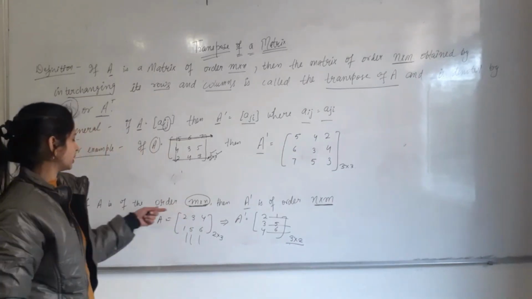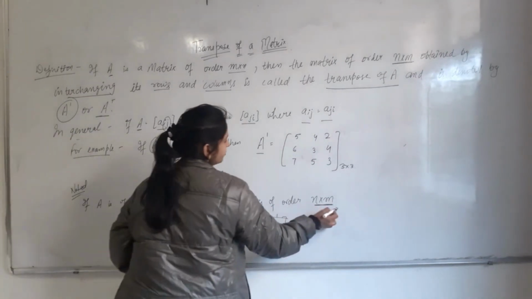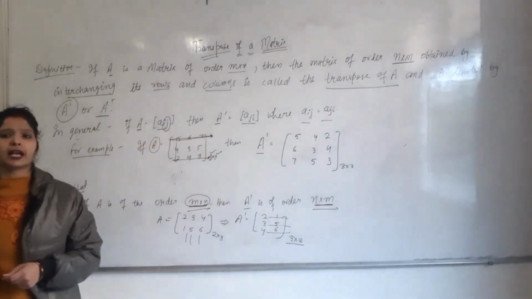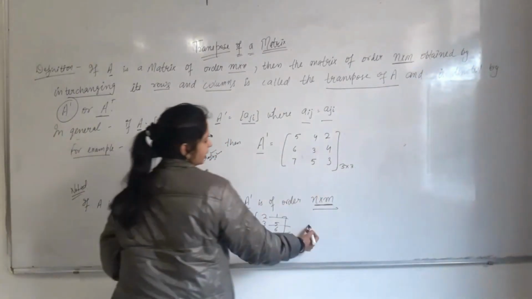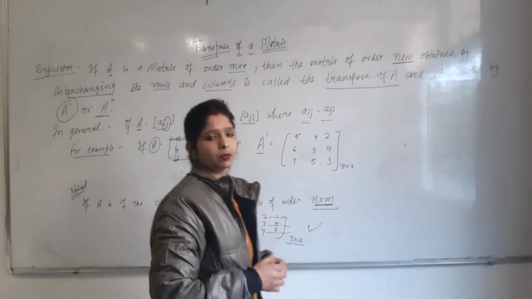So we have noted that if A is of order m by n, then A dash will be of order n by m. So this is the transpose of a matrix.